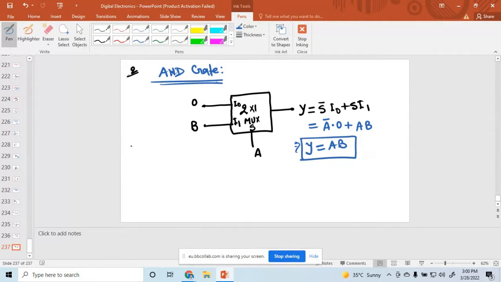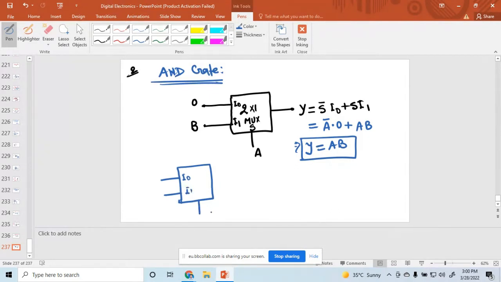And suppose you want to represent a NAND gate. So this is a 2 is to 1 mux. One is the input I naught, another input I1, and one selection line.